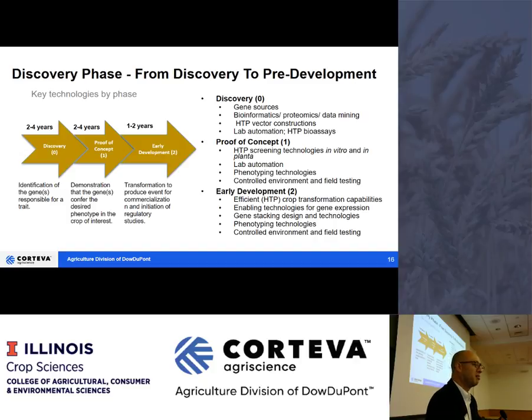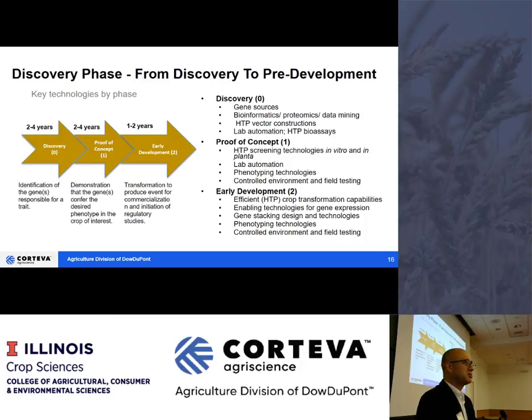So we have done on occasion combinations of 3 genes where we easily can put together 300 vector configurations, testing different things to make sure that things are as clean as possible in terms of expression, in terms of agronomic performance as well.